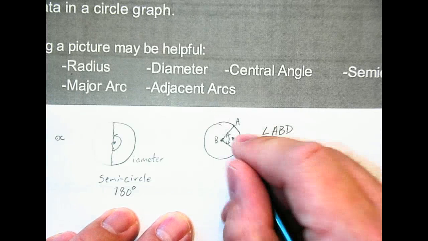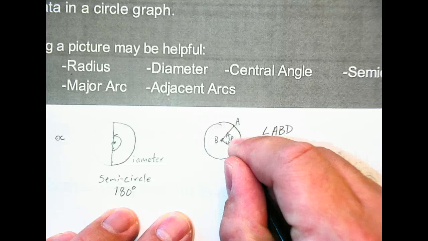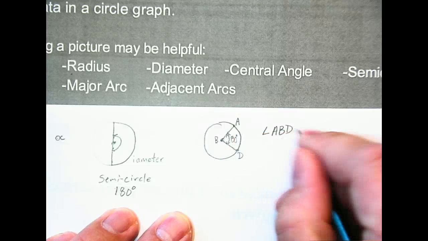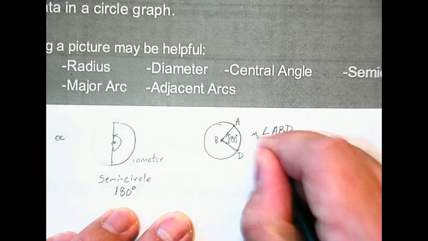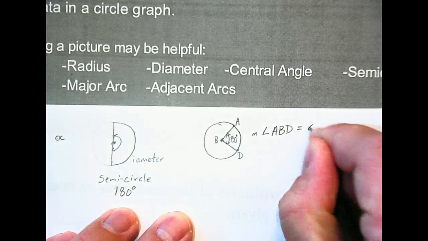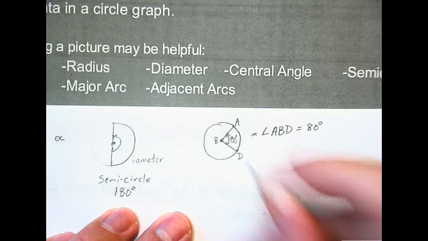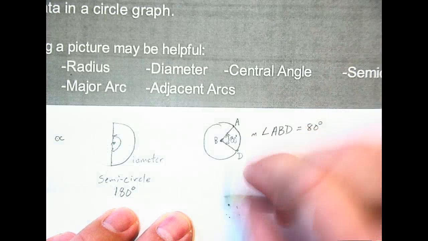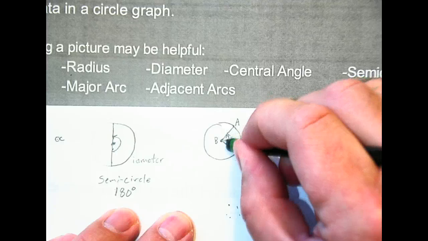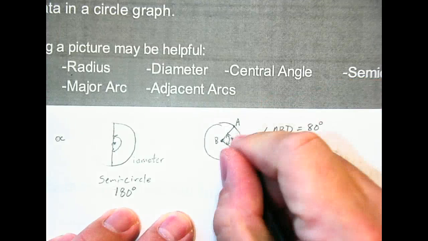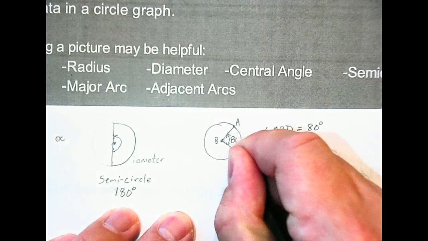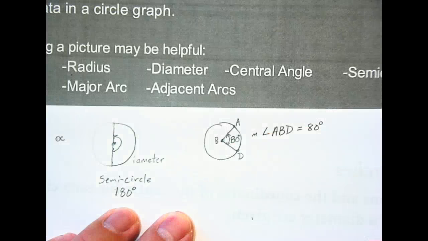If it was, say, 80, I'm going to make that an 80-degree central angle. The measure of angle ABD equals 80 degrees. Very tough to read that 80. Good thing I'm using a pencil. Trying to change my poor habits. So there we go. Okay, 80 degrees.